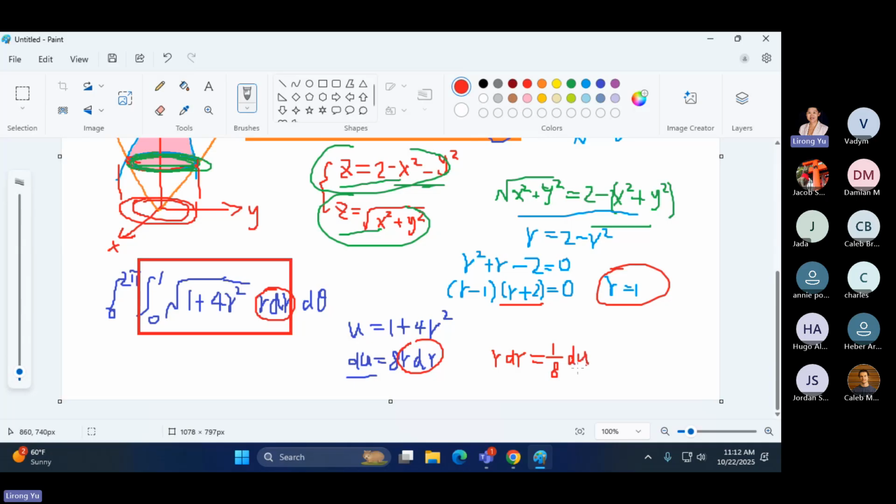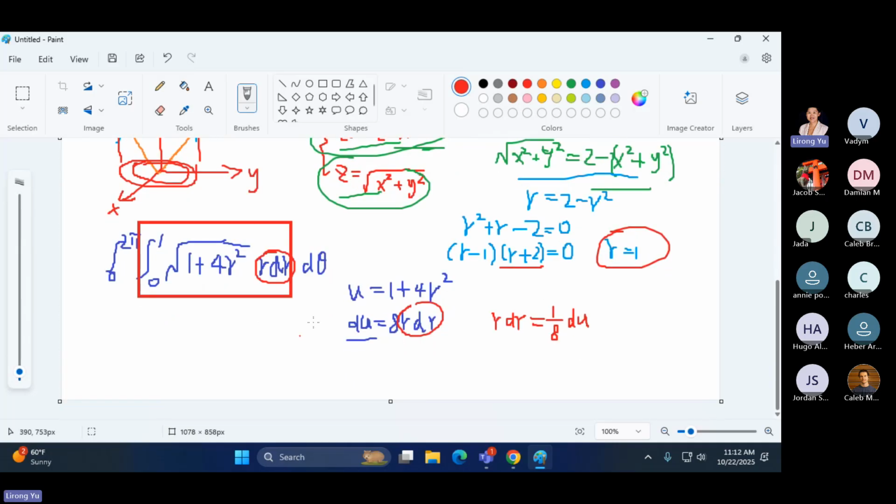That lets us transition smoothly from the integration variable r to the integration variable u. So we have root of u, times 1 over 8, and du. Of course, there's the integration.